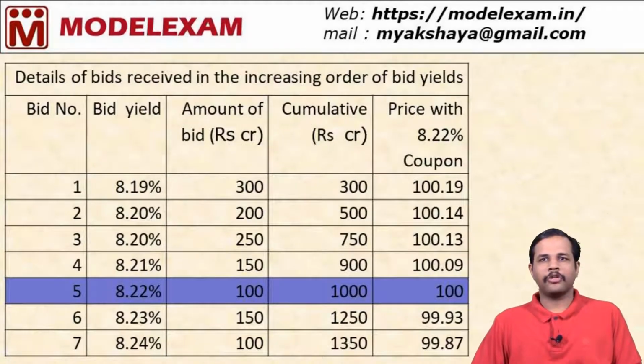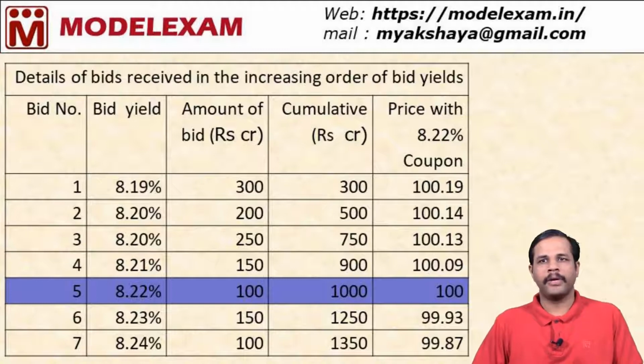This is in continuation of the previous slide, wherein we have seen the issue of a 10-year government security, that is, 2016 is the start date and the end date is 2026 and the notified amount is 1000 crore. So the government has planned to issue 1000 crore worth of government securities and see, this is the process. See here, the bids are arranged in ascending order of yield.